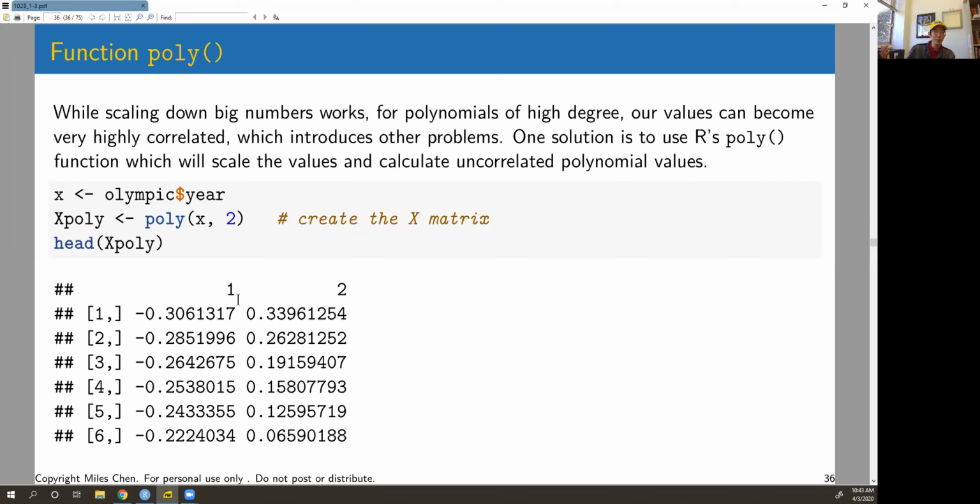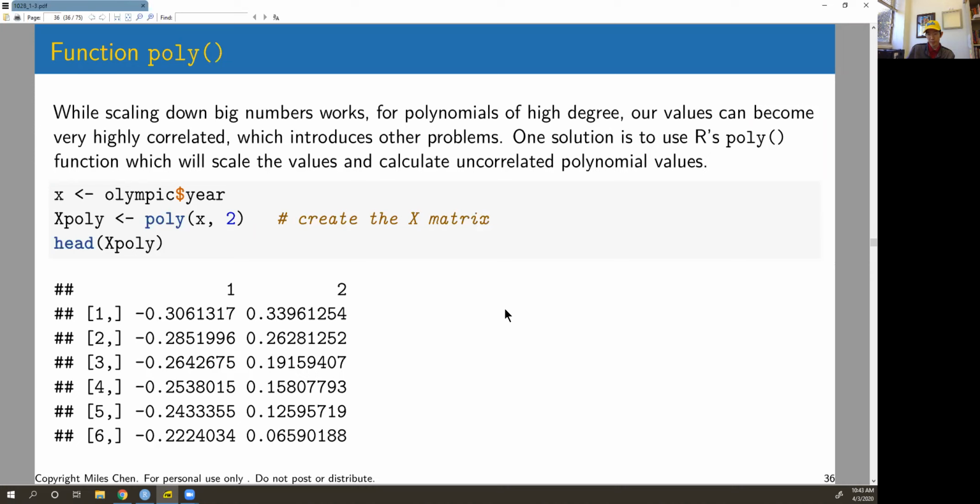It also takes the X squared values and shifts things around as well. One advantage is that poly will create uncorrelated values of X and X squared. Given the range that you provide, it's going to produce uncorrelated values of X and X squared.